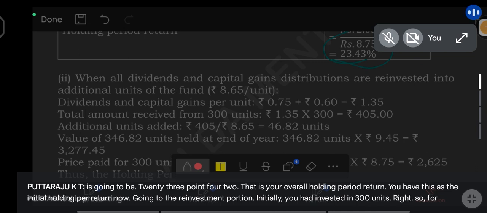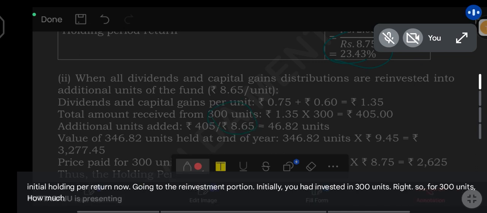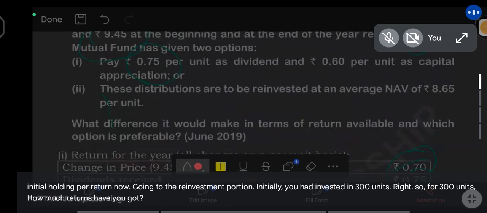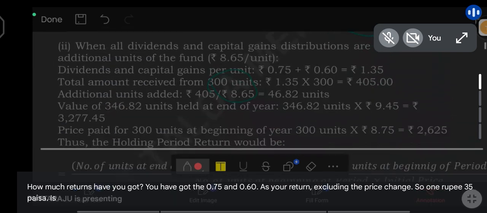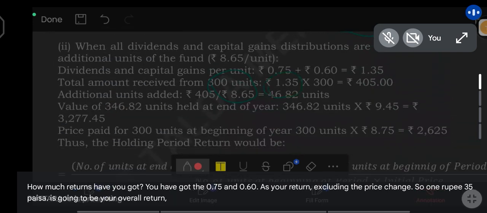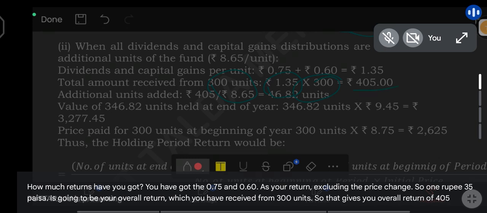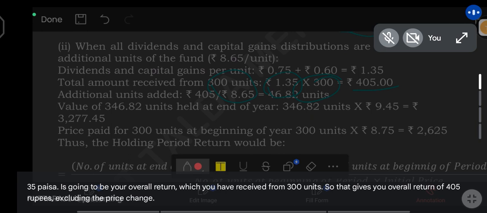So for 300 units, how much returns have you got? You have got the 0.75 and 0.60 as your return, excluding the price change. So 1 rupee 35 paisa is going to be your overall return from 300 units. So that gives you an overall return of 405 rupees excluding the price change.